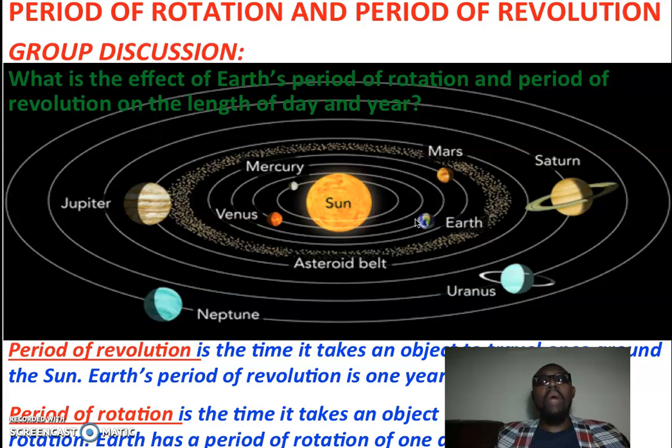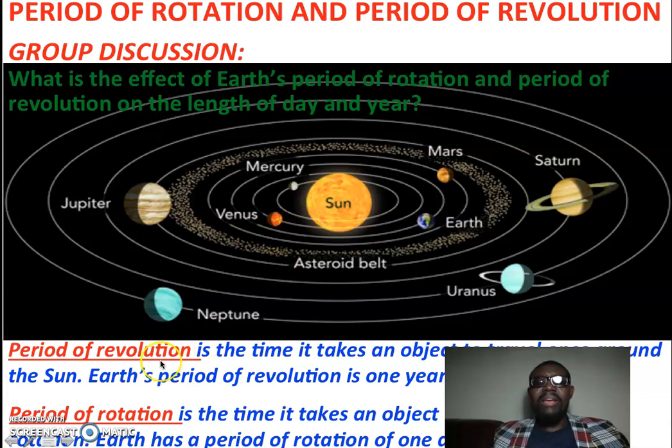It takes 1 day for the Earth to complete one spin on its axis, and that's what determines the length of day. So the length of day is 24 hours. Every 24 hours, the Earth completes one complete rotation on its axis.